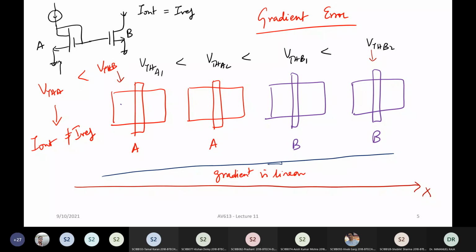I've given you a clue that the gradient is linear, which means it's a straight line with a certain slope. Can you rearrange the layout in any way? Can you think along those lines? Sir, what do you mean by rearrange? AB, sort of.